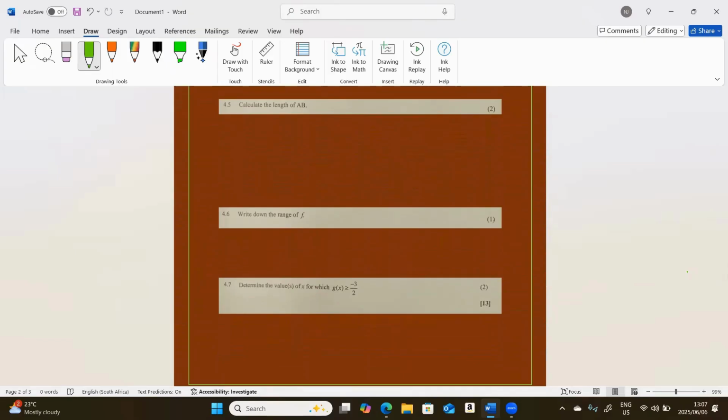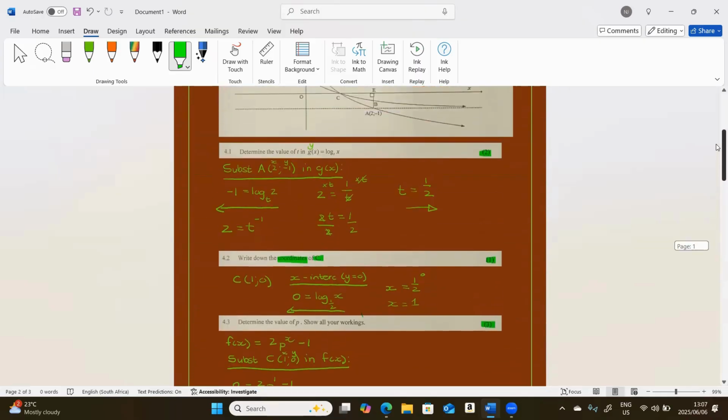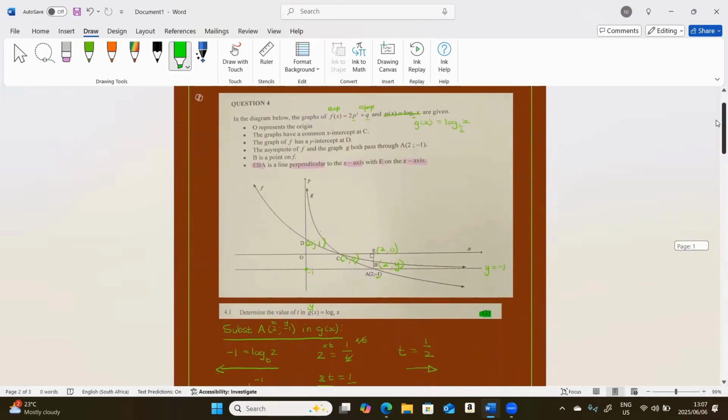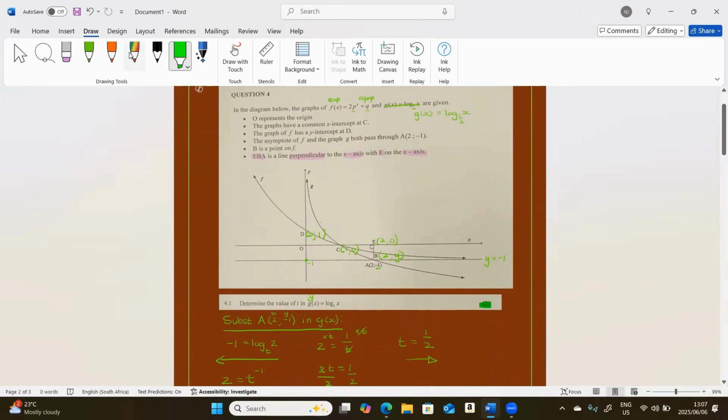And then we get to 4.5, which is calculate the length of AB. So they want the length, guys, of AB. So let's see where AB is exactly so that we can figure out how to calculate the length of AB. So AB is over here. Can you see there is point A? Let's just use another color because everything on this diagram is green.